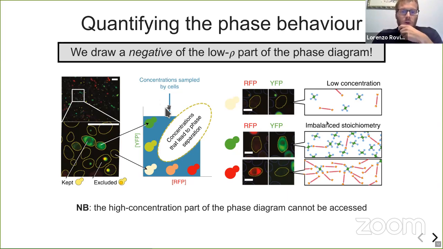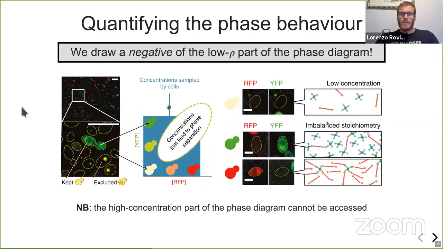So if we take all these cells and put a cross over the point where there is a cell, we can essentially measure how much protein there is in each cell by mapping the strength of the fluorescence to its concentration, and we can map the lower part of the phase diagram. We cannot go to the high concentration part because cells are not going to express that many proteins, but we can map a part of the phase diagram by taking a negative photo, if you want.